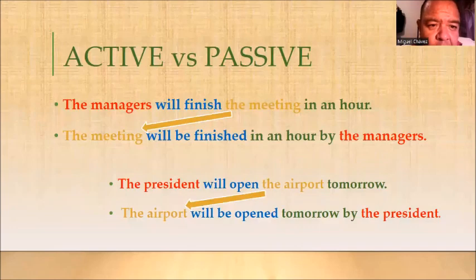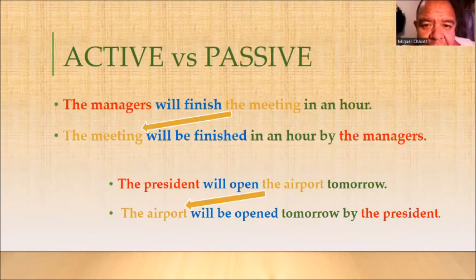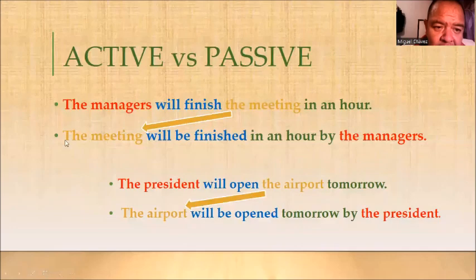In the active voice, we have the managers will finish the meeting in an hour. If we change it to passive voice, we are going to get the meeting, that is the object, the meeting will be finished. Okay, will be to show the future time and finished the past participle of the verb.